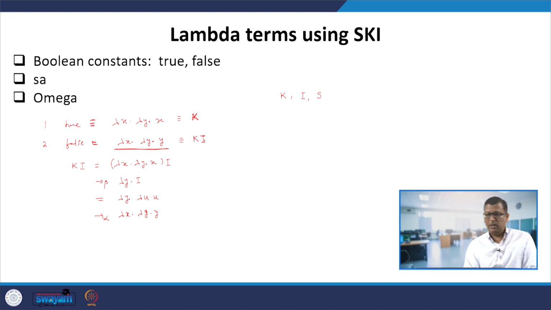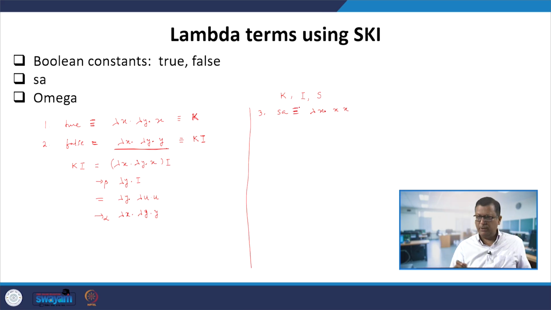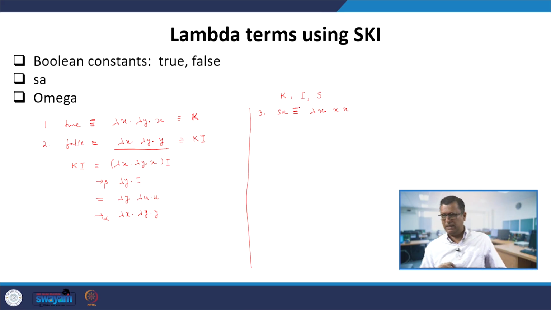So false can be represented as KI. Now we do the third one, that is SII. Now SII is lambda x dot xx. What I am doing is just verifying: I know the answer, so I am writing it and showing that they are the same. I am not telling you how to get SII or how to get false from intuition.